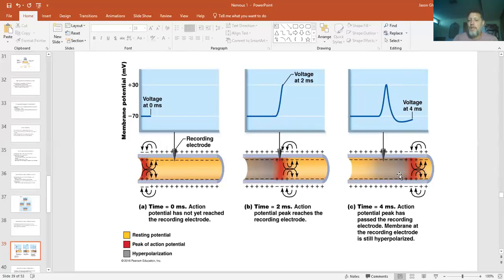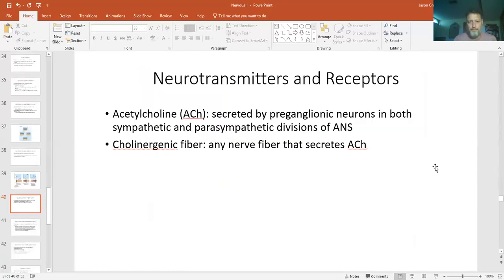But because we have the sodium inside here, the action potential can only go one direction. It can't go backwards because the ions are in the wrong spots. Again, this is kind of a complicated process. So take your time, review it, read through your textbook a little bit, and help explain it. If you have questions, please email me.